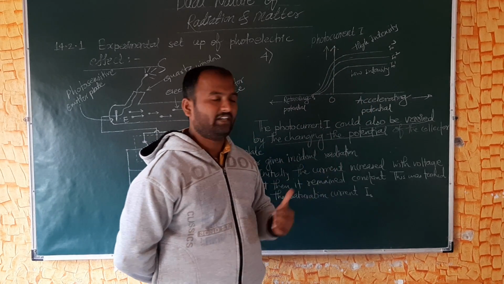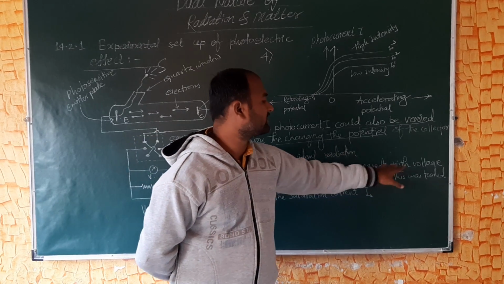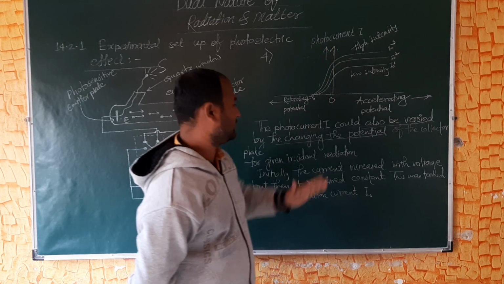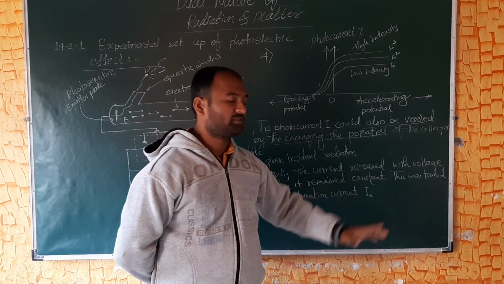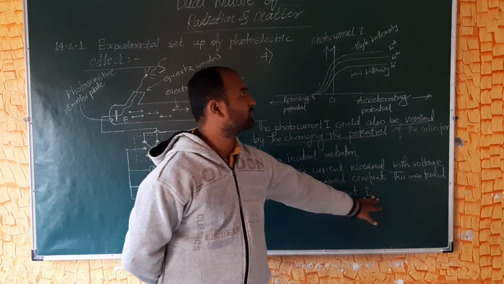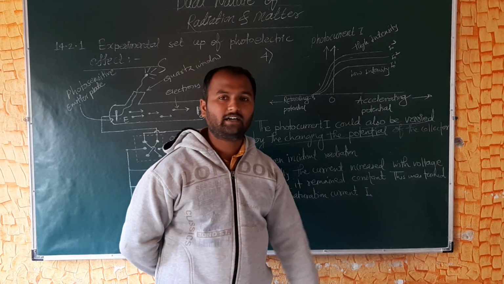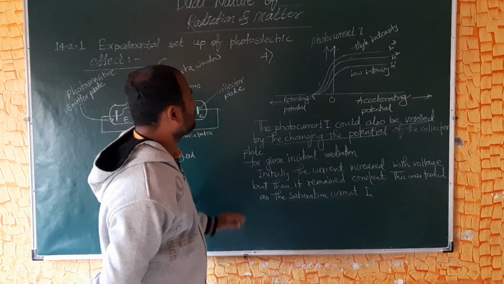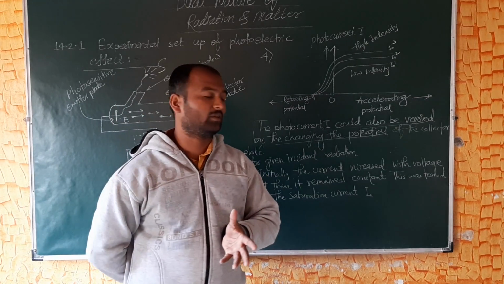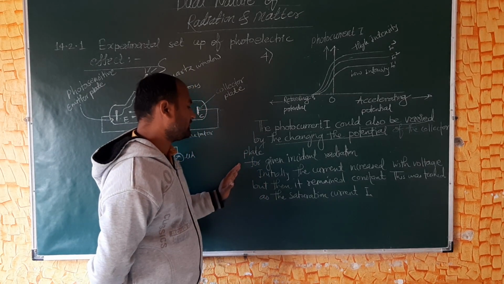For given incident radiations, initially the current increased with voltage, but then it remained constant. After that it remains constant. This was called saturation current. So here photocurrent I could also be varied by changing the potential of the collector plate.